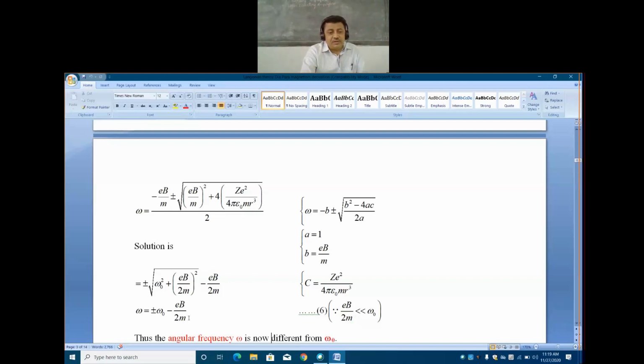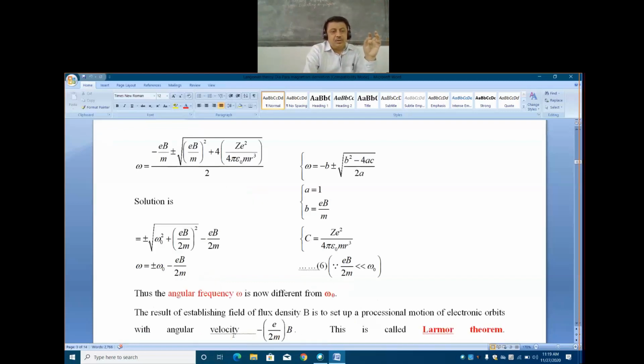Now if you look at this equation, it is very interesting, and it says that omega and omega naught are different. Omega naught is the angular frequency of the electron when there is no field. So when you apply an external magnetic field, the frequency of revolution of the electron around the nucleus inside the atom changes, and then it becomes omega.